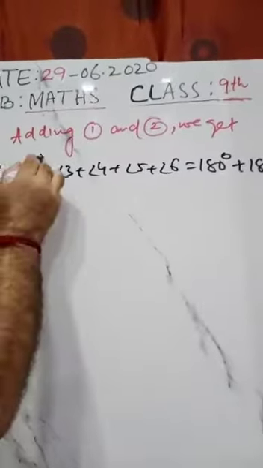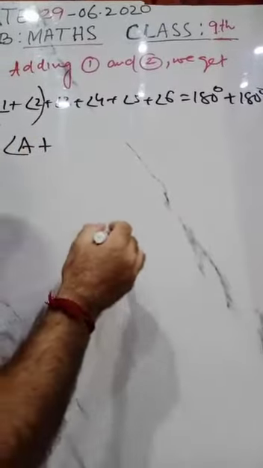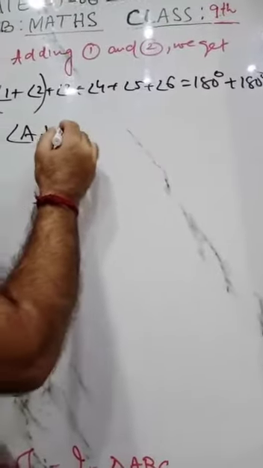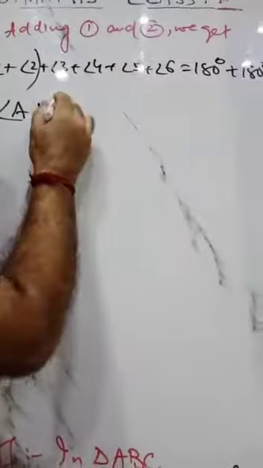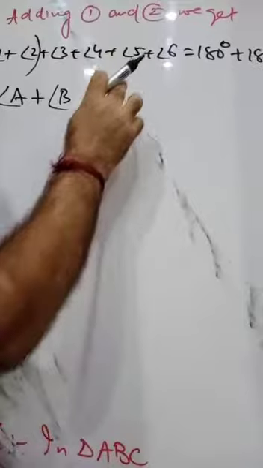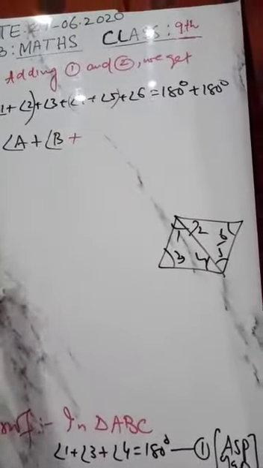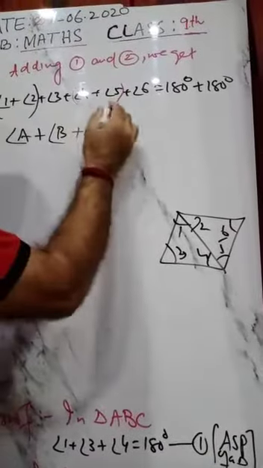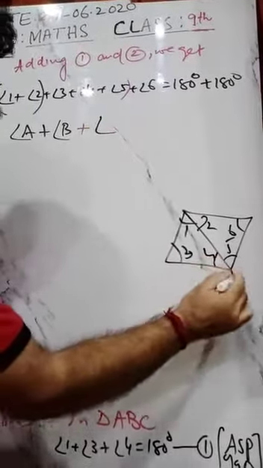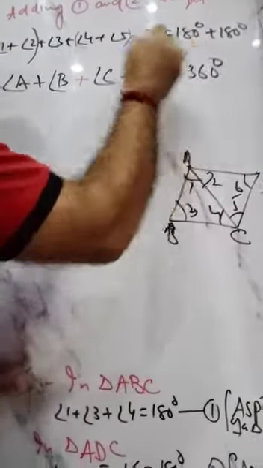Angle 1 plus angle 2 is nothing but angle A. Then angle 3 is angle B. Angle 4 plus angle 5 is angle C, and angle 6 is angle D. So 180 plus 180 gives 360 degrees.